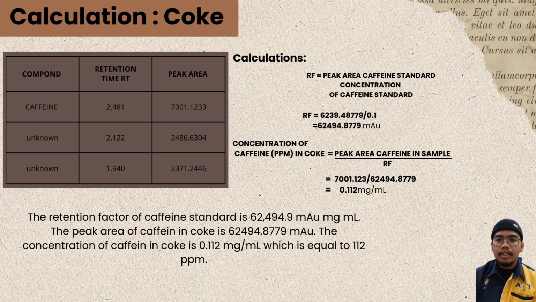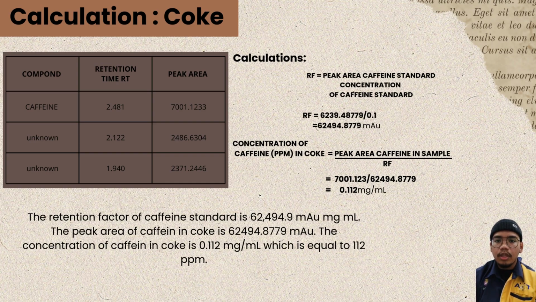For the next data, caffeine in Coke. From the previous equation, the response factor for caffeine is 62494.8779 milliabsorbance. From the result, the retention time for caffeine in Coke is 2.481 and the peak area is 7001.123.